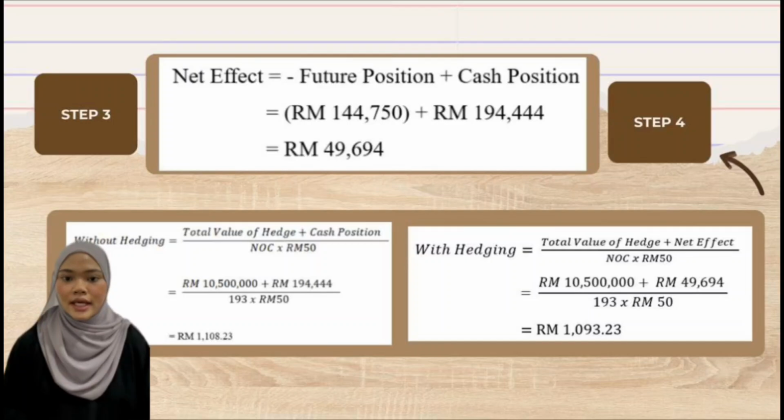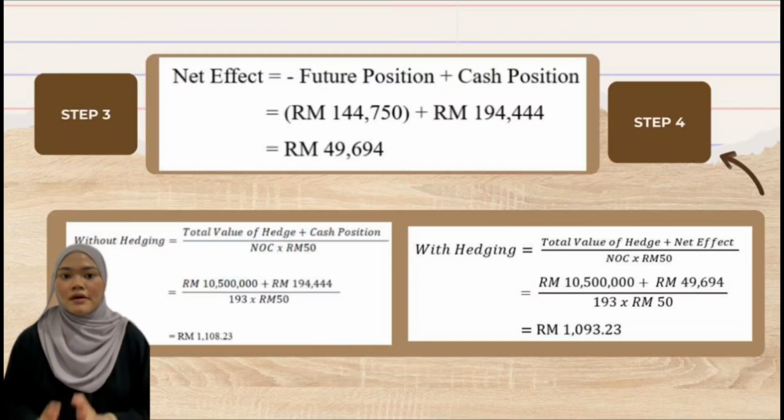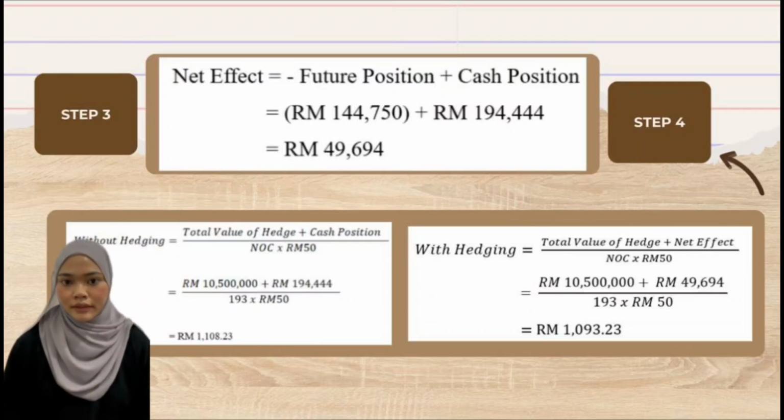Step number 4, I compare the portfolio value without hedging and with hedging. For without hedging, I use the formula total value of portfolio plus cash position. And for with hedging, I use the formula total value of portfolio plus net effect. So, for the portfolio without hedging, the cash position gain is added to the initial portfolio value.